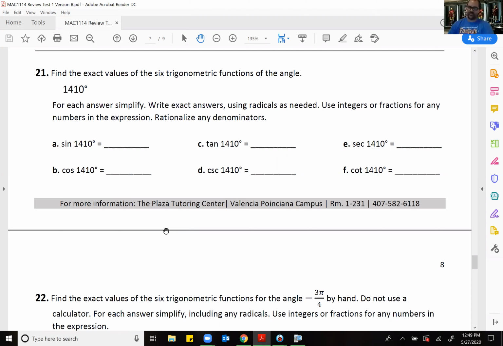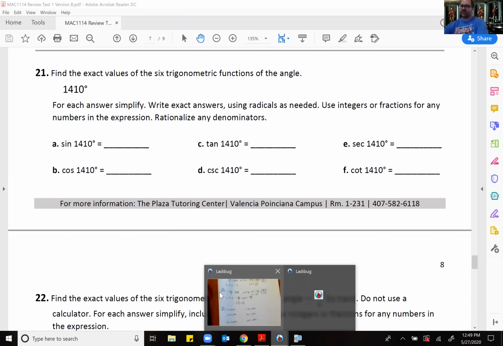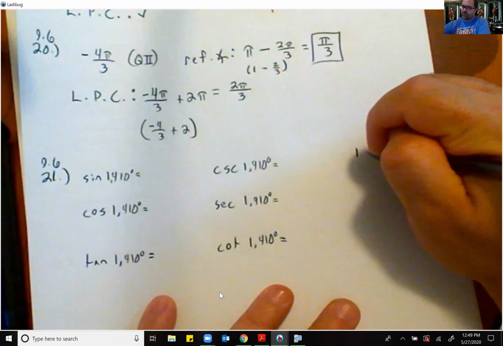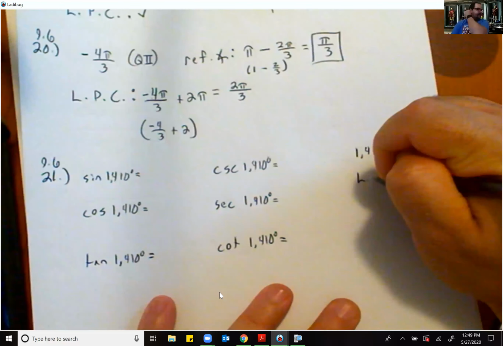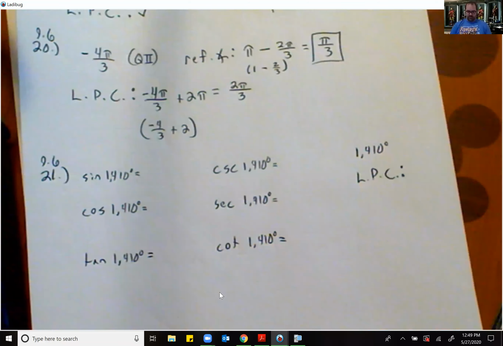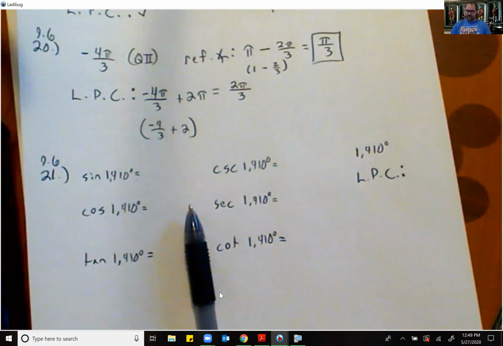Okay. So let's jump over to my page. First things first, we've got 1,410 degrees. We need the least positive coterminal angle. So all we're going to do is keep subtracting 360 until we get there. 1,410 minus 360 is 1,050.